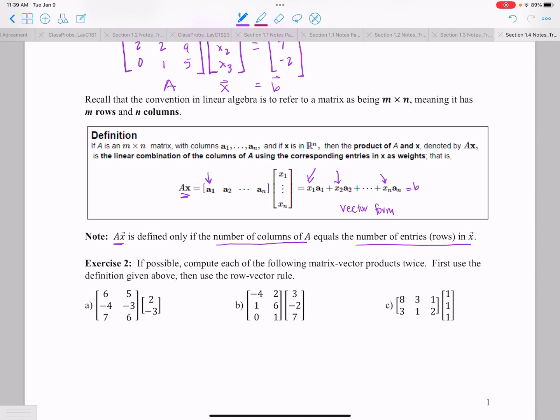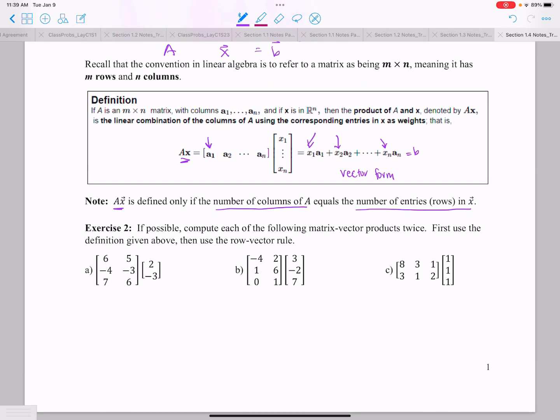So let's look at some of these. It says, if possible, compute these. I'm just going to write down the dimensions. So this first matrix is a 3 by 2, and the second one is a 2 by 1. These inner dimensions have to match, so you can multiply it, so check.